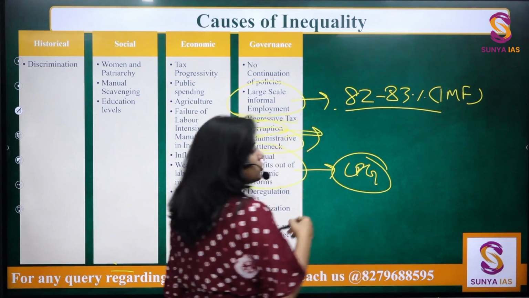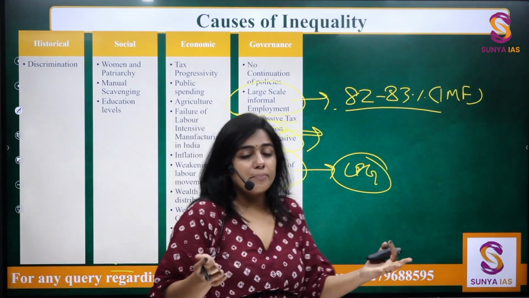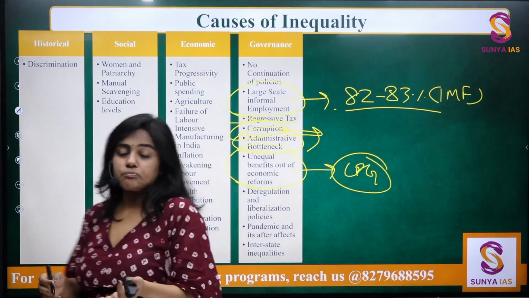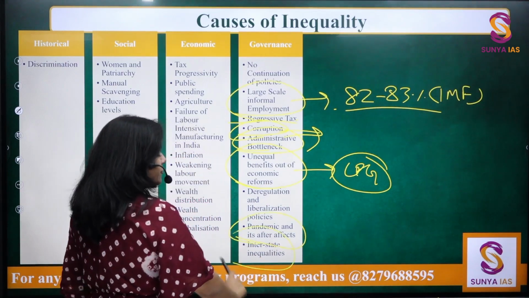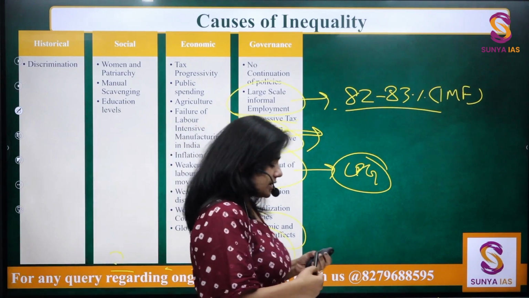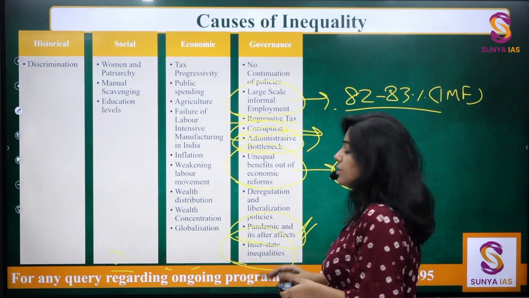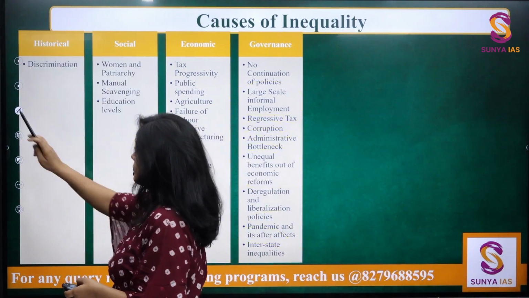LPG reforms we are talking about, how the service sector took up the lion's share and how agriculture was stagnated and starved. Fine. Pandemic and its after effects, and regional inequalities, that is interstate inequalities, are a lot, and the pandemic also has exacerbated the inequalities in so many ways. Fine.